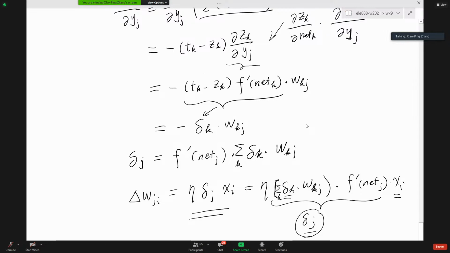This one, if you think about it, is the initial delta, right? You can call it delta 0 or whatever. So this is the initial error, and the initial error is back propagated backwards through the derivative of your activation function and your coefficient.